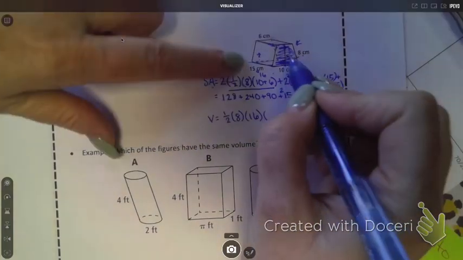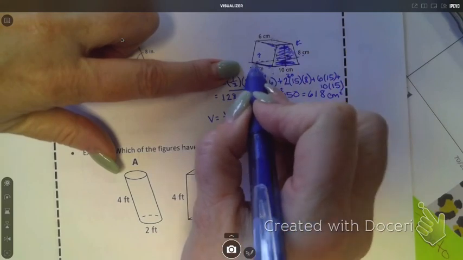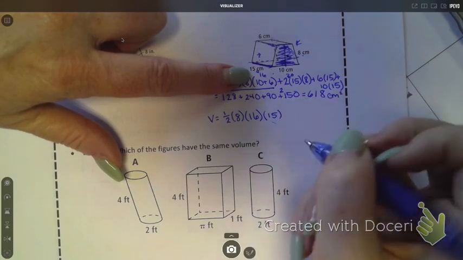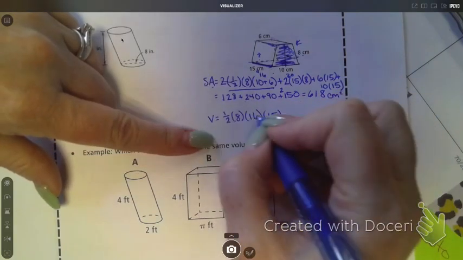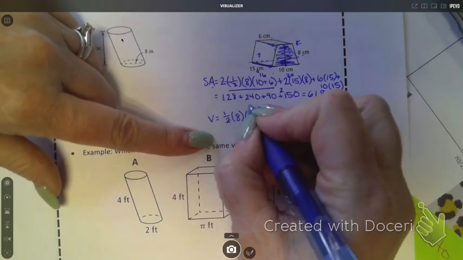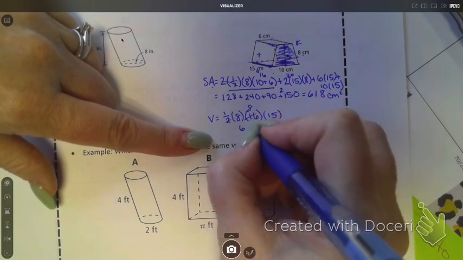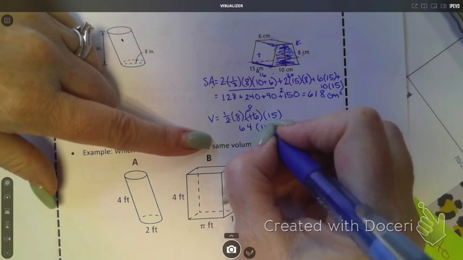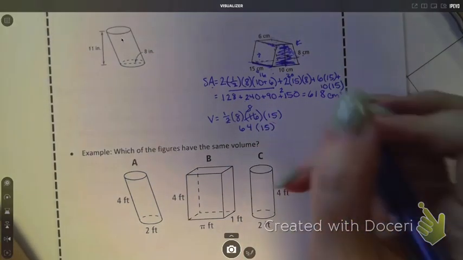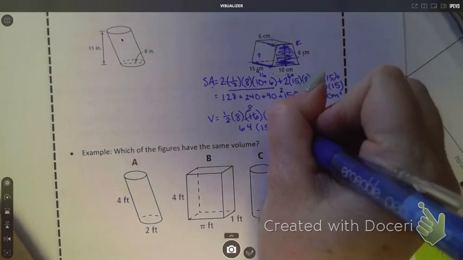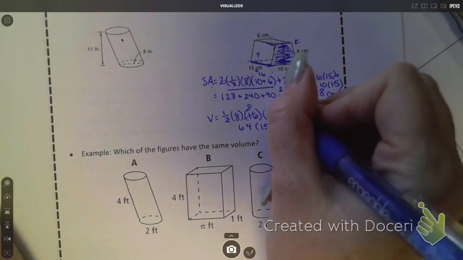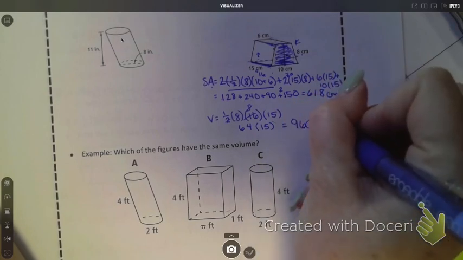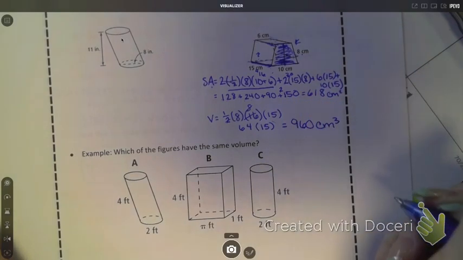Now, if this is my base, my height is right there, which is 15. I'm going to take 1/2 of 16, which makes 8, and 8 times 8 is 64. 64 times 15. I just got to do it, right? 960. Centimeters cubed.